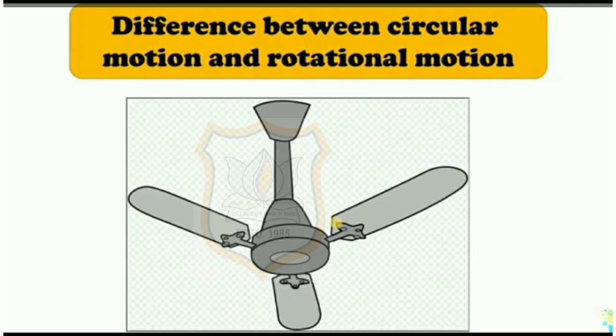What is rotational motion? A body is said to be in rotational motion if it moves about a fixed axis without changing its position. For example, the motion of the blades of a fan. You would have observed that the whole fan does not move, only its blades move. That shows us the rotational motion, and you can say a circular motion also.